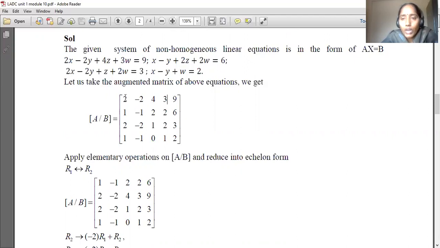If it is not 1, then there is no problem. Using elementary transformations, consider this one as a pivot element. Using this pivot element, make these elements 1, 2, 1 zeros. Here, for our convenience, I am interchanging R1 and R2. Then this is a 1. Then it is very easy to simplify.